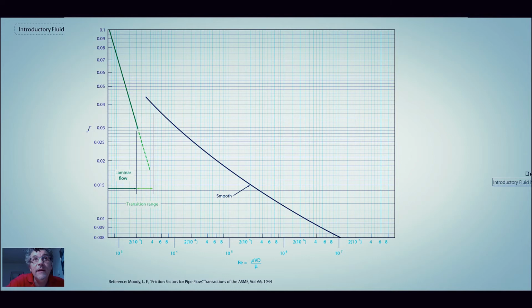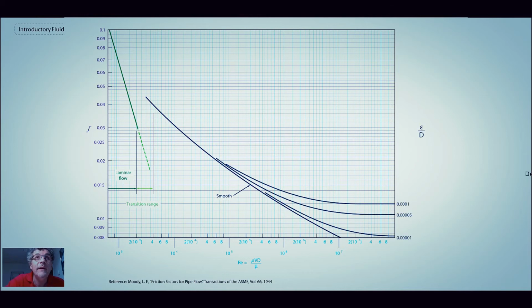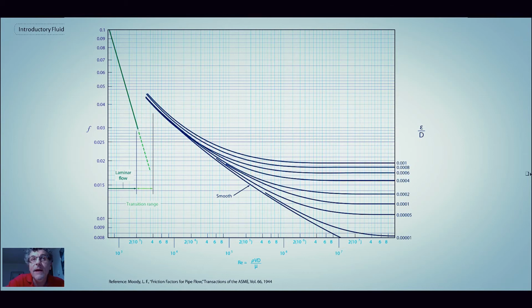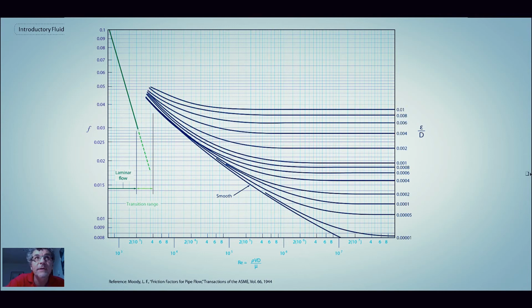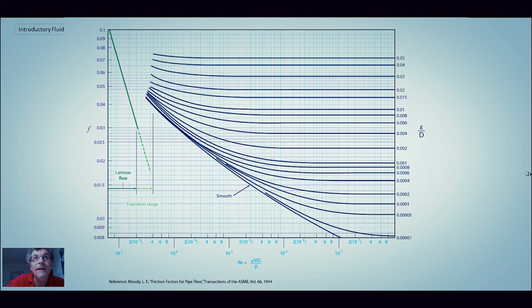You can see it there, and then we start putting curves with variable epsilon over D, so surface roughness, and we have the smallest surface roughnesses, and then we have it increasing, and as the surface roughness gets bigger and bigger, the friction factor goes up, which we would expect, and then finally with very, very rough pipes.